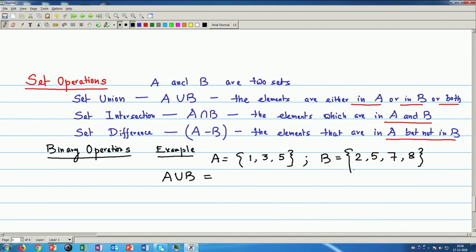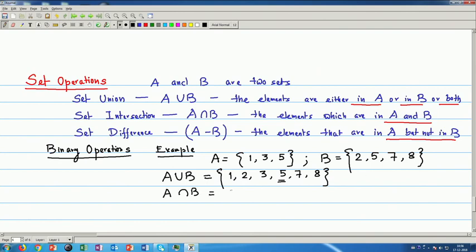Either in A or B or both, that means 1, 2, 3, 5, 7, 8. These are the elements; 5 is in both A and B, and the other elements are in either A or B.